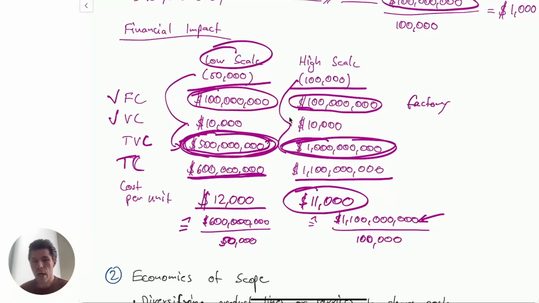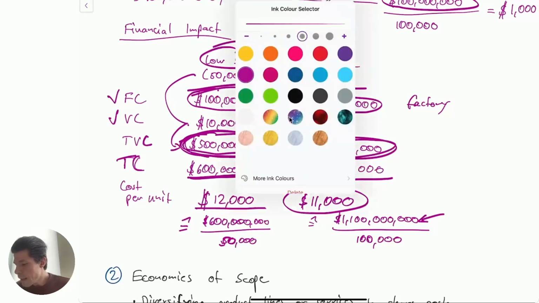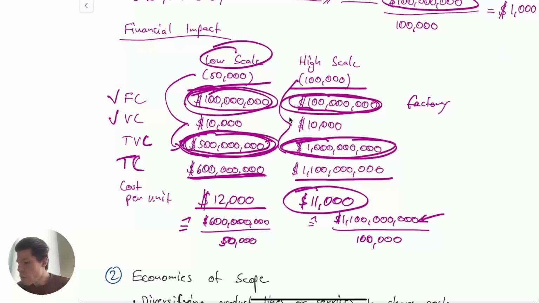So you can see that your underlying cost per unit has decreased if you produce more. And the main effect is not because of variable cost. The variable cost increases proportionally, so you don't have a positive impact. It's because your fixed costs, which are not changing in this scenario, are shared over a higher number of units. So this is economies of scale, producing more of the same product.